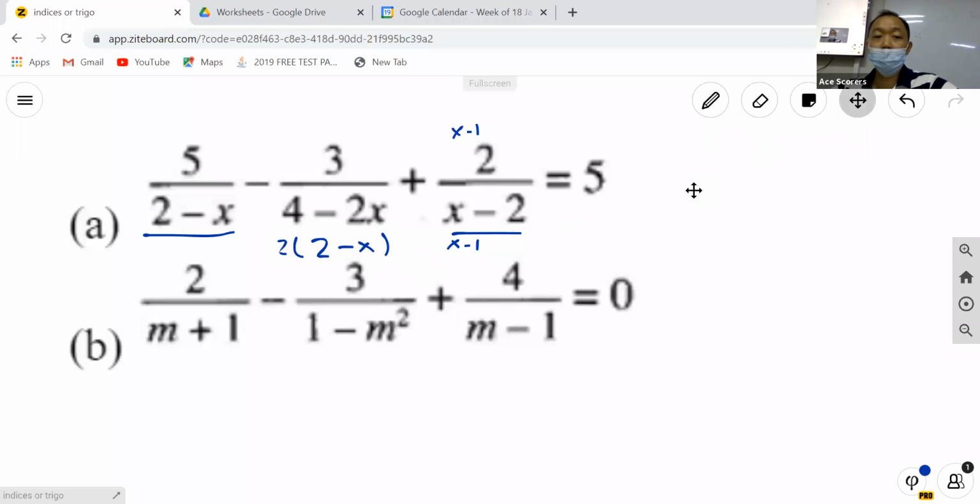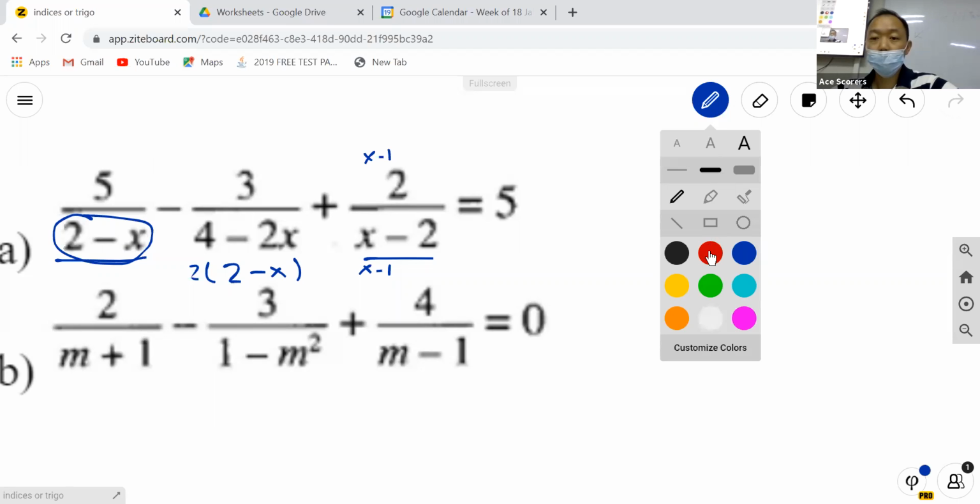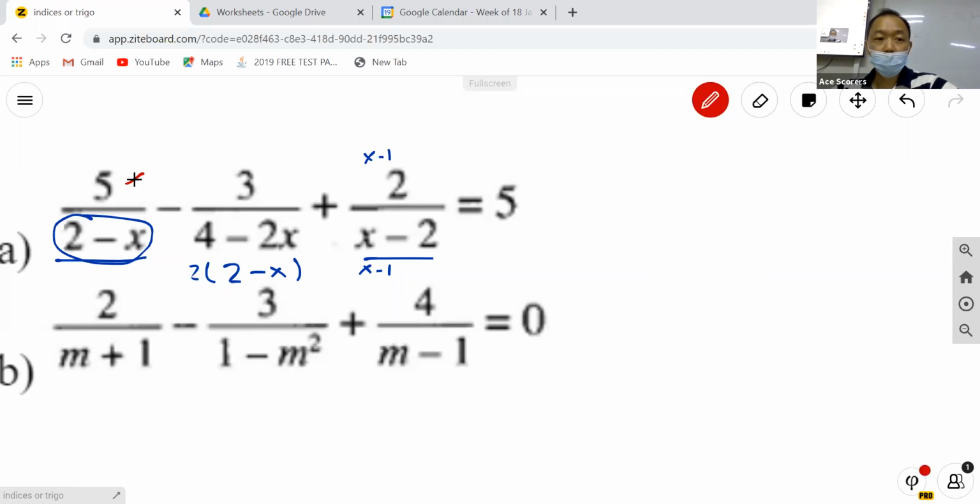Let me show you what I mean. The first one here, compare it to 2 minus x. This denominator is missing a 2, so you gotta times 2 here and here.